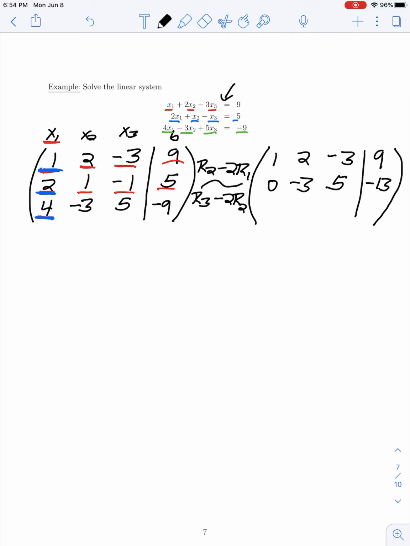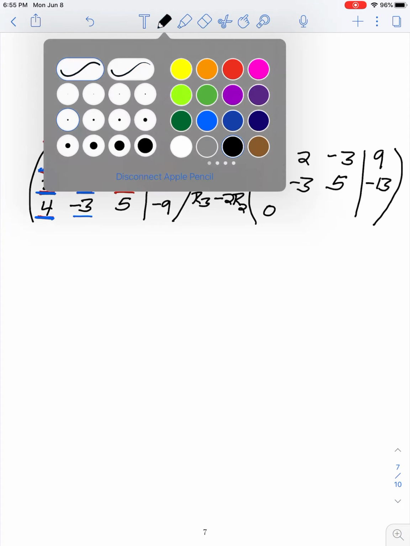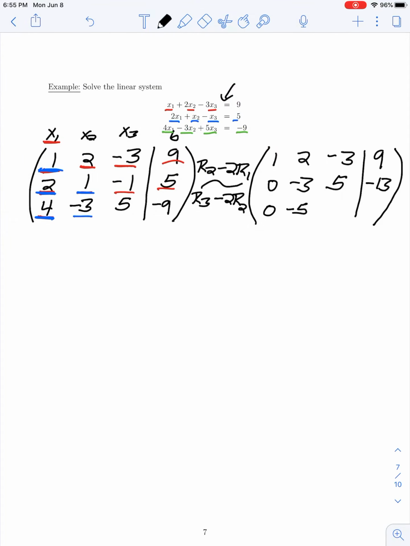So we would have a negative 4x1 plus 4x1 in my third row, which gives me a 0. In the x2 coefficient, I would multiply my second row by negative 2 to get negative 2 and add to negative 3, so that gives me negative 5 for my x2 coefficient. And for our x3 coefficient, I've got a negative 1.